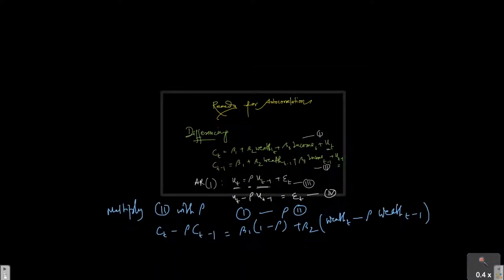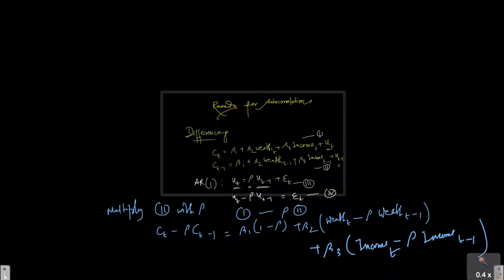Then I can further write beta 3 into income at tth period minus rho into income at t minus 1th period. That's what we will get, and if we can do that, essentially I will be able to get rid of the u_t terms. Then I will essentially have only my random error present in my model, which is what I basically want.